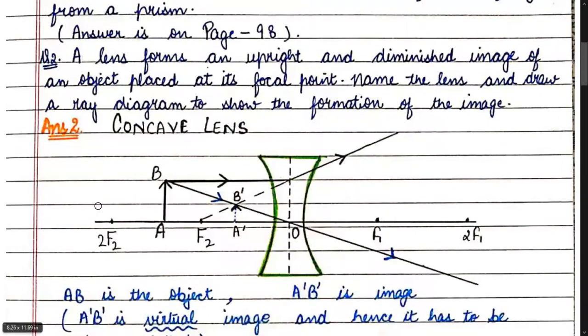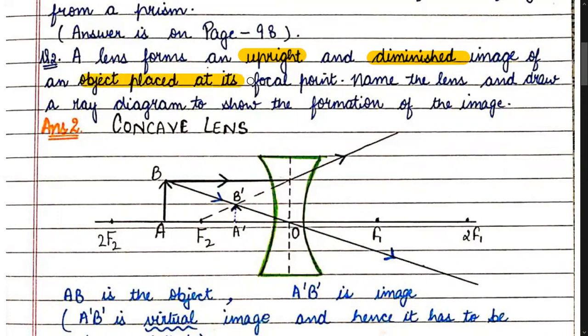Coming to question number 2, a lens forms an upright image. Upright means virtual, erect image. So a lens forms an upright and diminished image of an object placed at its focal point.